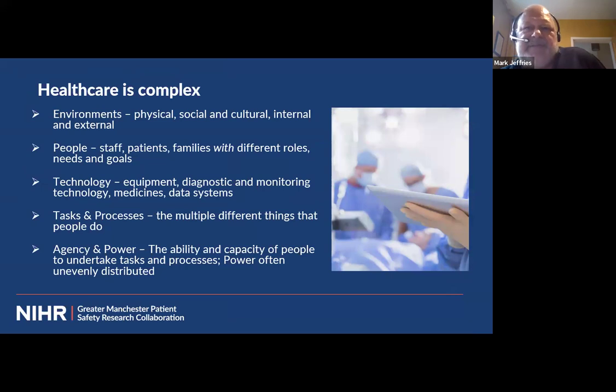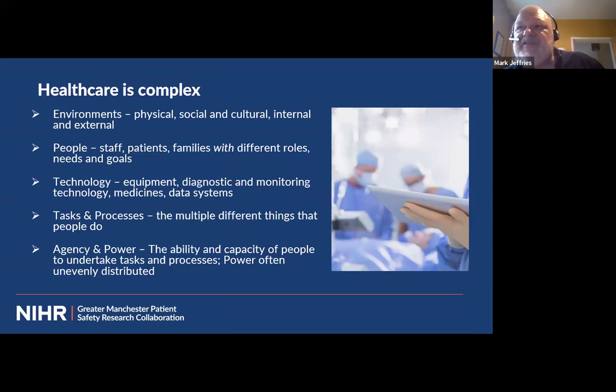So healthcare is complex because it has a number of bits to it. It has the environment, the space in which you put it, the people involved in that, and those people all have different motivations. They all have different needs. They all have different goals.